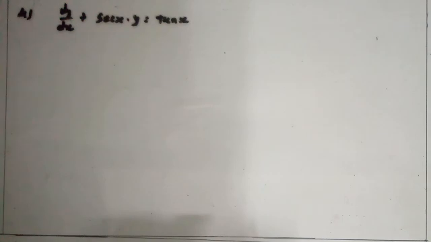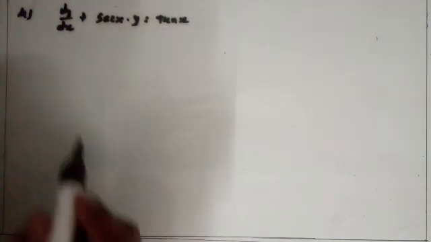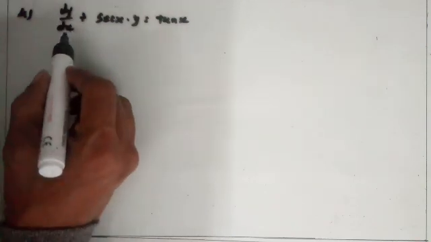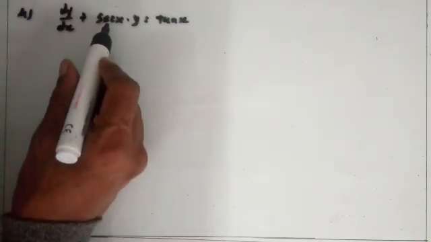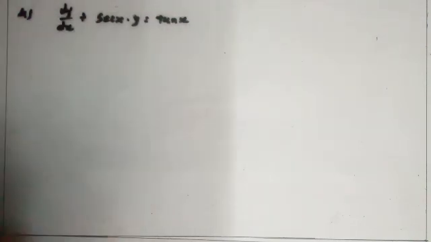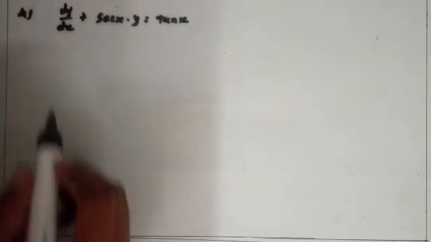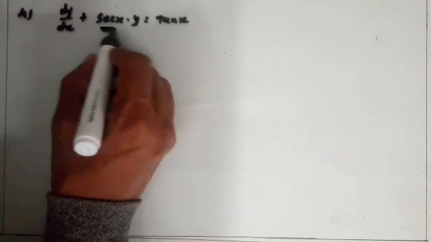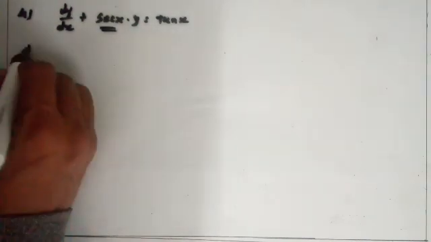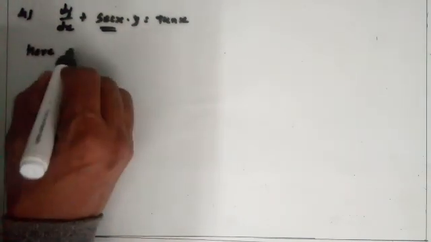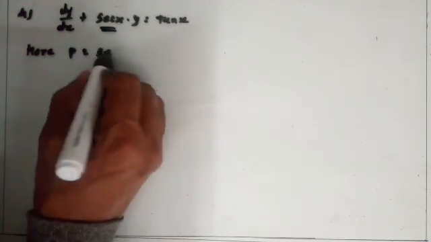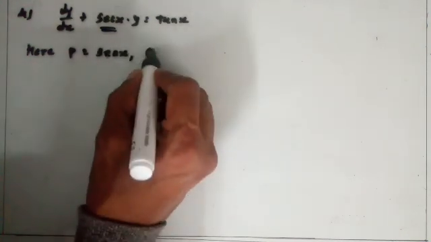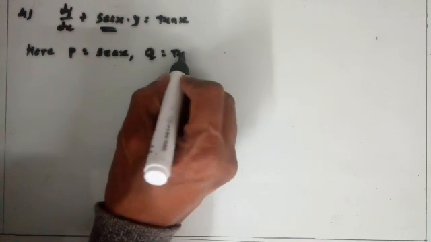Condition given: x lies between 0 and π/2, that is, x is in the first quadrant. Here dy/dx + sec x · y = tan x is given, so this is a linear differential equation. Here P = sec x and Q = tan x. Clear?